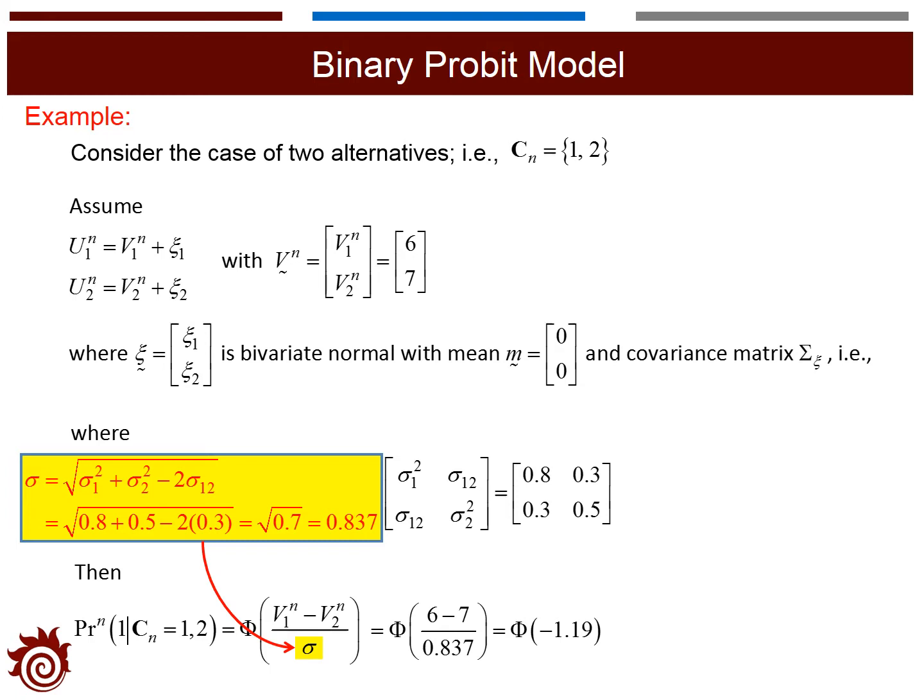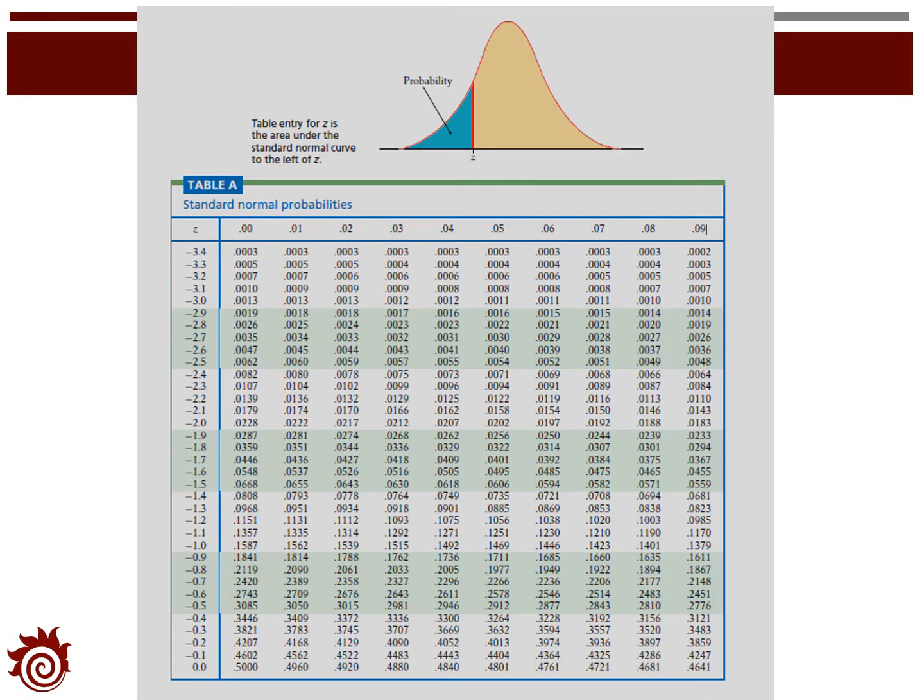To find the value of the probability, we need to check the standard normal probability table.